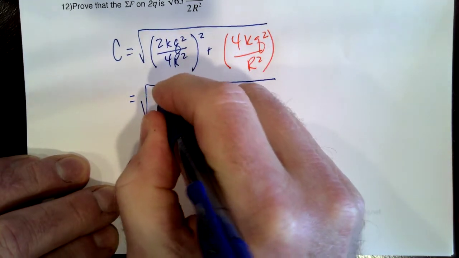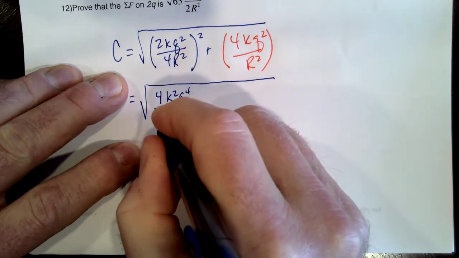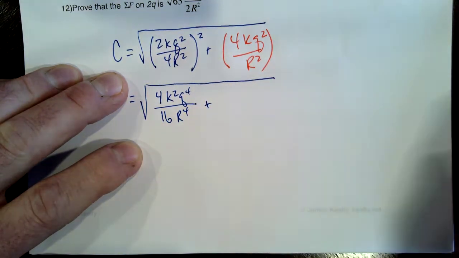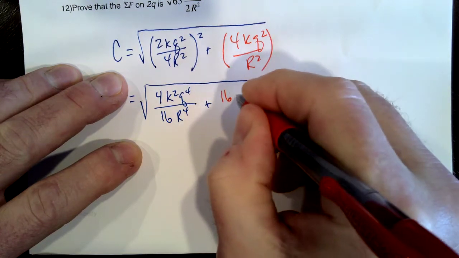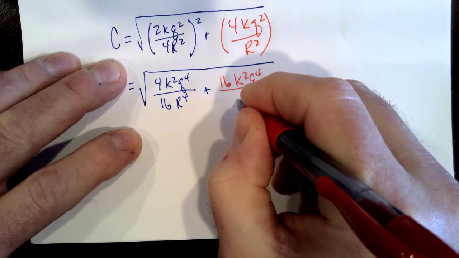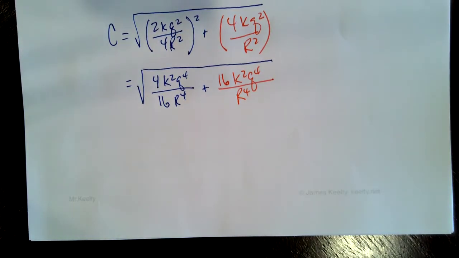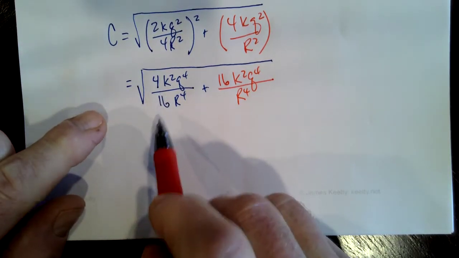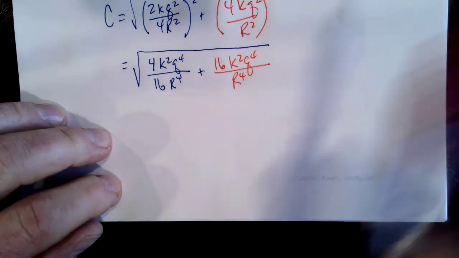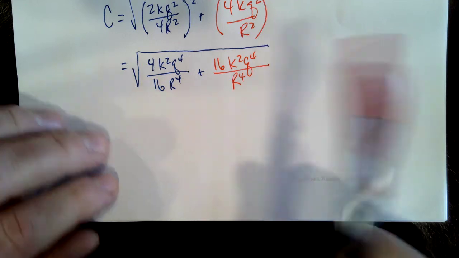Square everything up. We got 4K squared Q to the 4th divided by 16 R to the 4th plus 16K squared Q to the 4th divided by R to the 4th. So let's see, this one will tidy up into 1 over 4, right? So if that's 1 over 4, this would be 16 times 4 over 4.